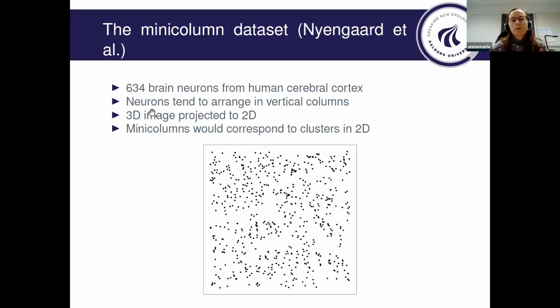And the hypothesis behind this study was that the neurons tend to arrange in vertical columns in the brain. So the idea here would be to project these neurons from 3D to 2D, and then these columns should be projected down to clusters in the two-dimensional image. If you have more or less points over each other and you project them down, then you get a cluster in the 2D image. So we would like to see if we can detect some clustering in this image, or at least some deviations from complete spatial randomness.